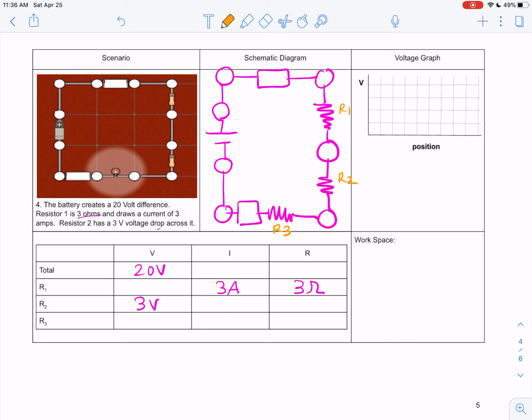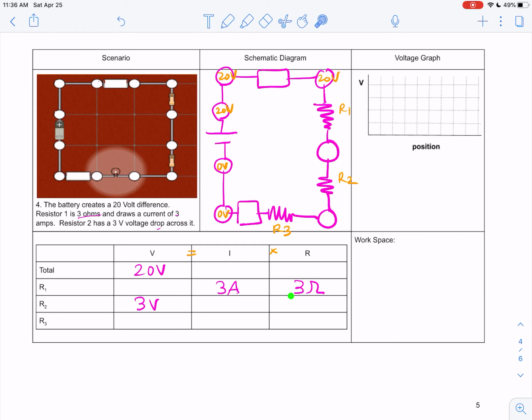First thing always to do is, if you know it, track, you always know 0, right? So track that to the battery. And in this case, I also know that it's a 20 volt battery, so I can carry this 20 all the way across until I get to a resistor. Now I don't really have anything else, so I have a couple of options. One is that I can see if anything has 2 out of the 3.